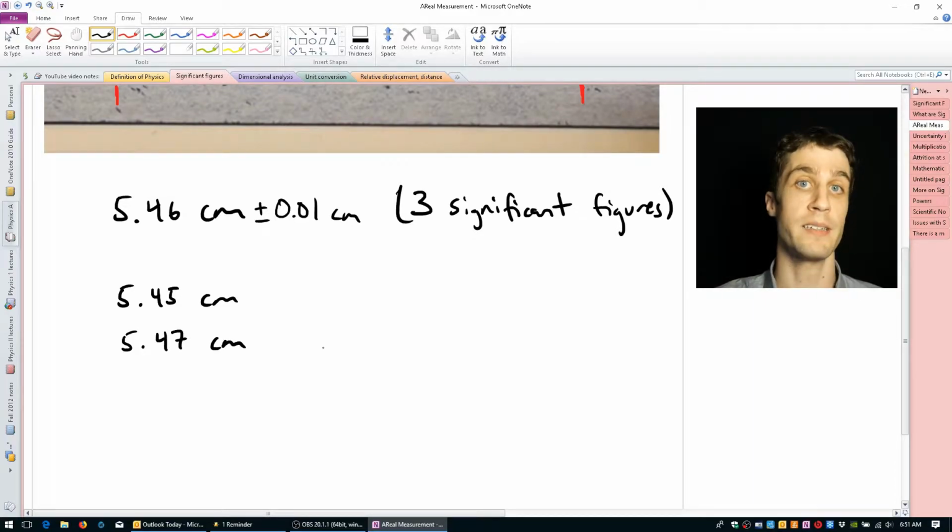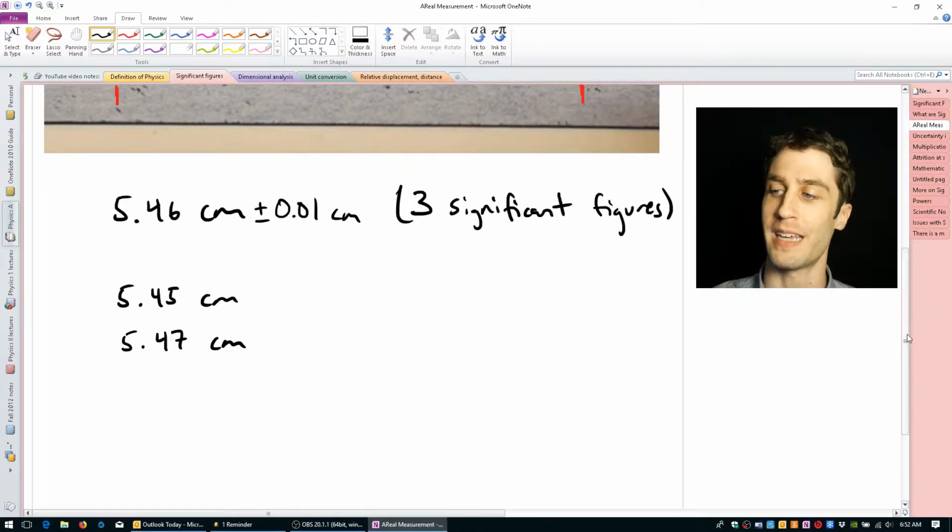But we would be a little bit surprised, though maybe not out of the question, if it were 5.44 centimeters or 5.48 centimeters, and we certainly wouldn't want it to be as far off as, let's go for the gusto, 5.41 centimeters to 5.50 centimeters, something like that.